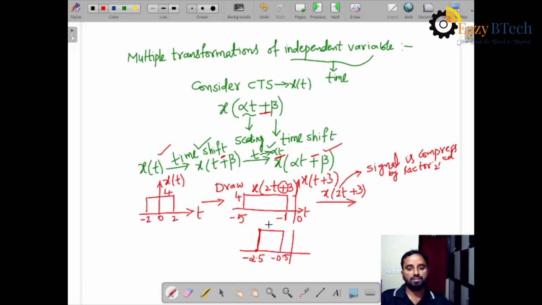The amplitude is the same, no changes. Now this signal is x of 2t plus 3. So this is a way of performing multiple operations on the independent variable. Here time shifting is there and time scaling is also there.